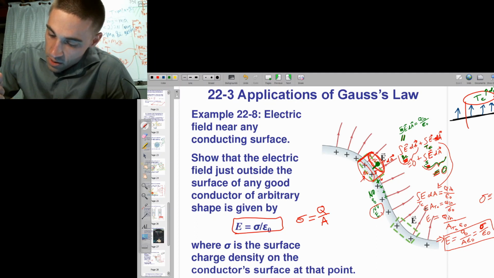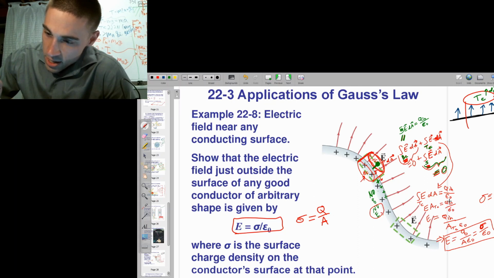The electric field is constant over the entire surface. So I can take E outside of the integral, and the integral over dA across the top cap is just the area of the top cap. So I have E times the area of the top cap is equal to Q inside over epsilon naught, okay?